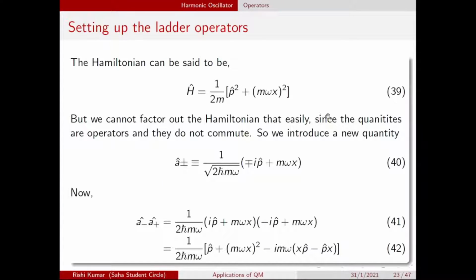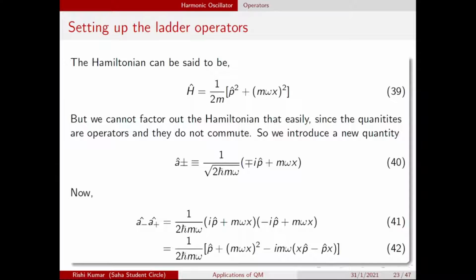So how do we overcome this problem of these operators not commuting? We introduce a new operator, a hat plus or minus. You don't need to explicitly know what this is right now; we'll begin to see its physical significance very soon.